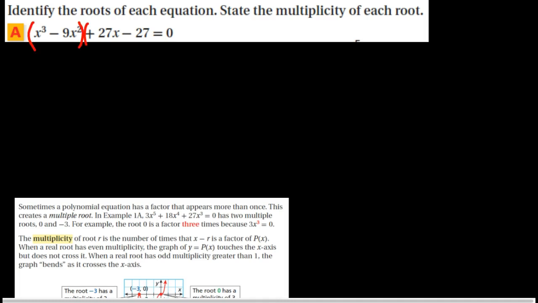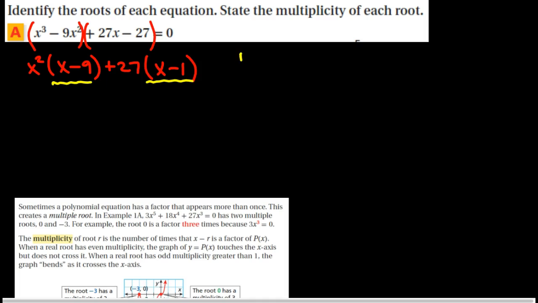Group the first 2, the last 2. I take x squared out of there. I'm left with x minus 9. Take a 27 out of there. I'm left with x minus 1. Does that group? That doesn't group because these two things are not the same. So it looked like it might group, but it doesn't group.